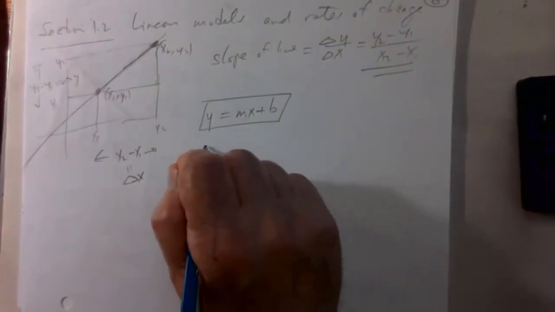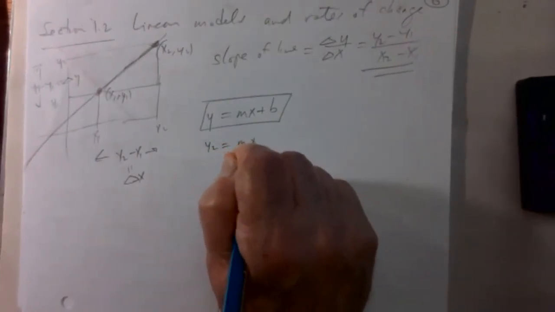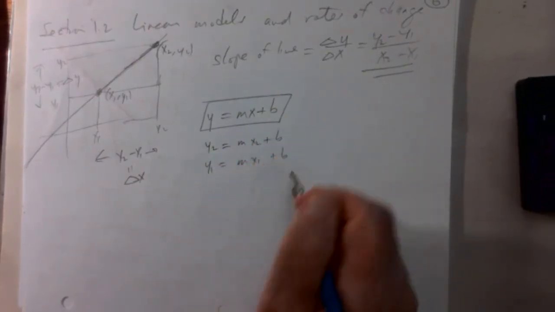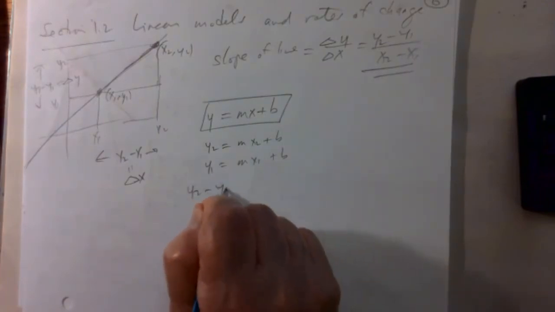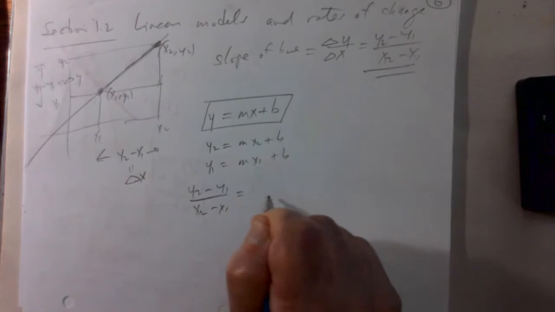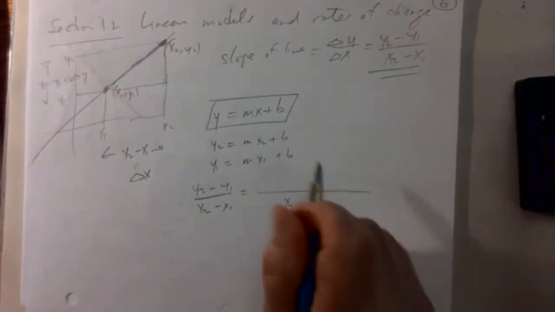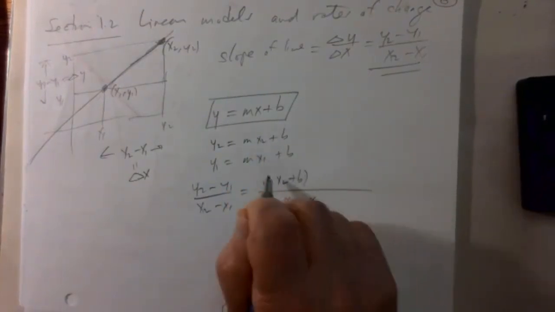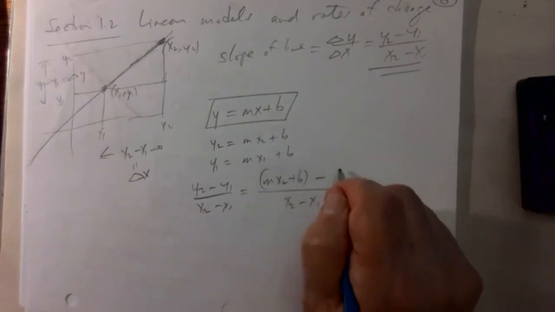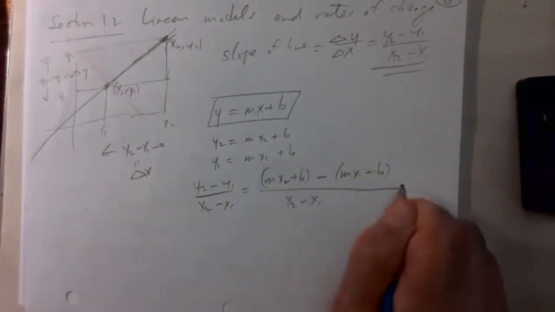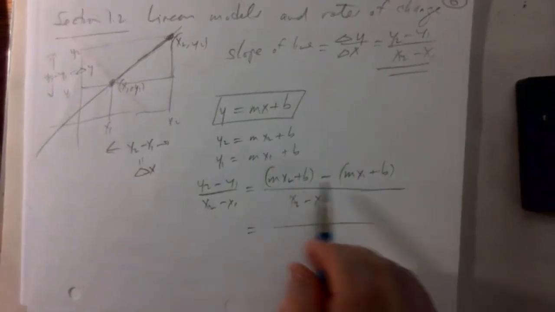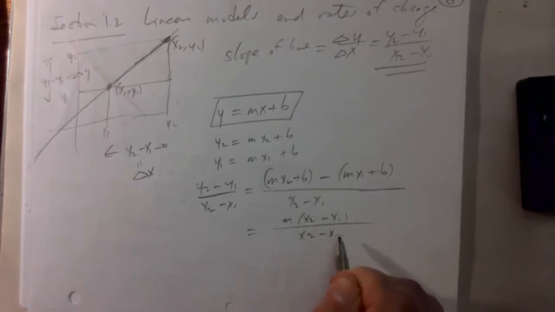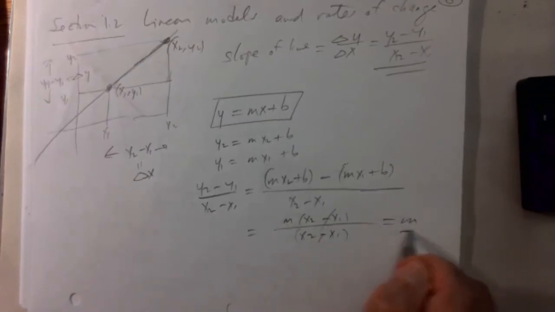So for example, if y2 is mx2 plus b and y1 is mx1 plus b, when we compute y2 minus y1 over x2 minus x1, this is my denominator. In the numerator, the b's cancel. We get m times (x2 minus x1) over x2 minus x1. These cancel. We get m.